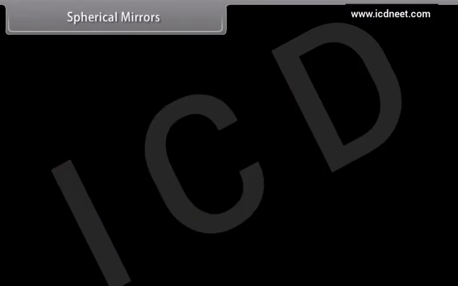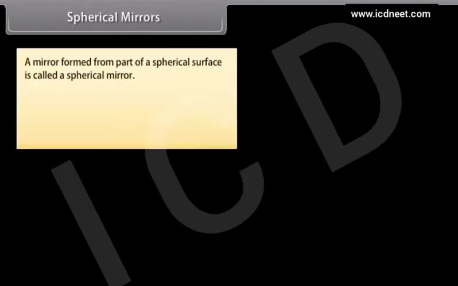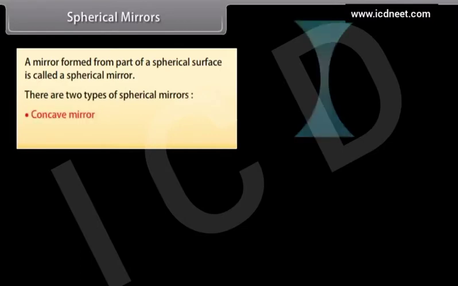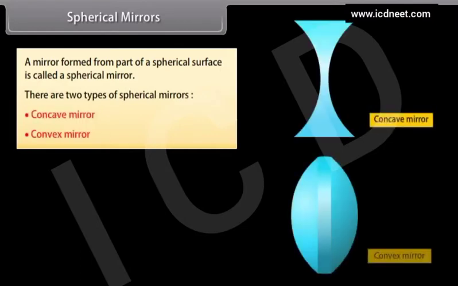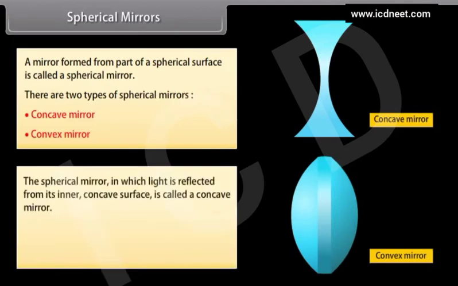Spherical mirrors. A mirror formed from part of a spherical surface is called a spherical mirror. There are two types of spherical mirrors: concave mirror and convex mirror. The spherical mirror in which light is reflected from its inner concave surface is called a concave mirror.